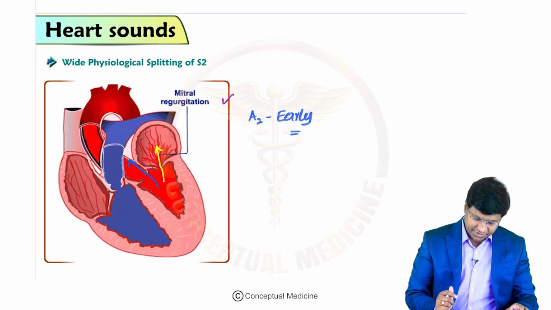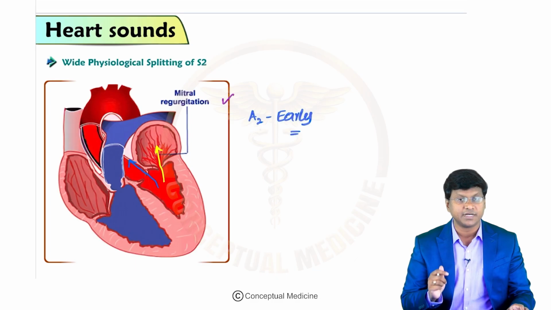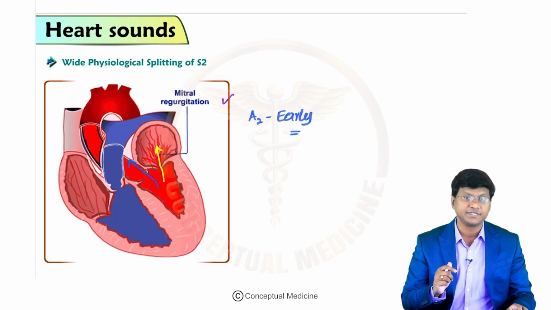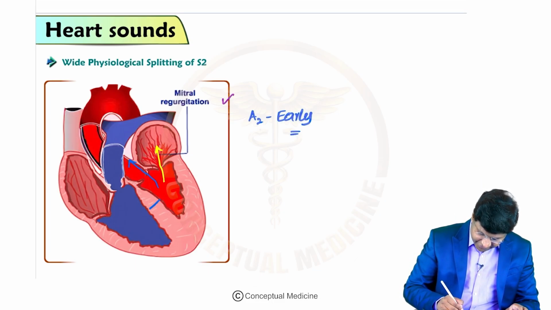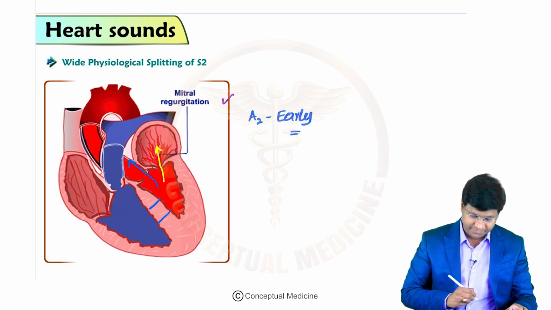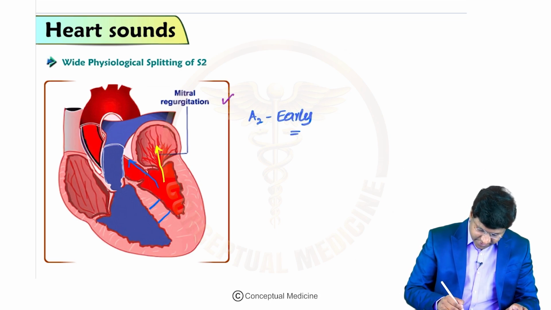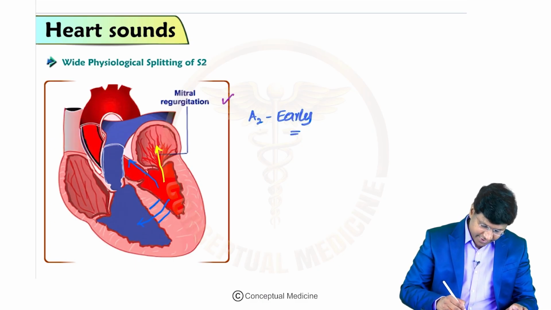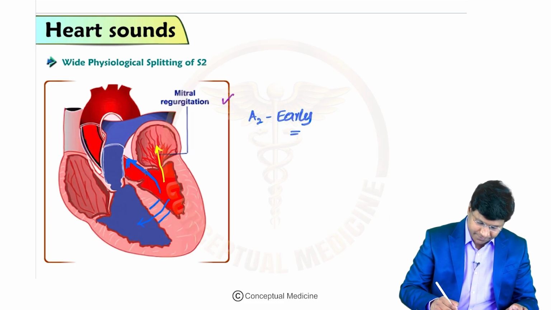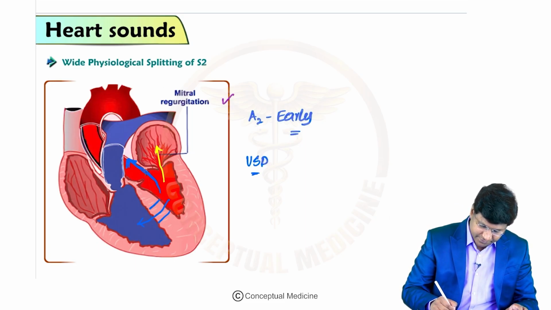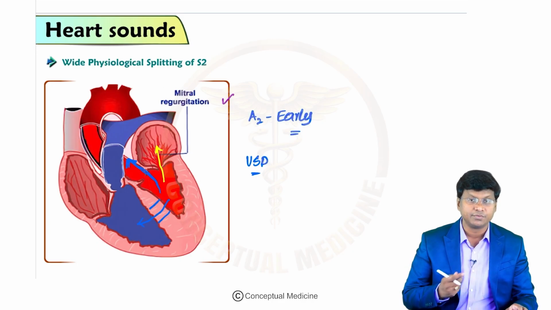Now another clinical condition where you can have the early A2 is in patients with ventricular septal defect. For example, you have a defect here in the interventricular septum. So the blood from the left ventricle will enter into the right ventricle. So the quantity of blood entering into the aorta will again be reduced. So in patients with VSD you have the early A2. Why is that?